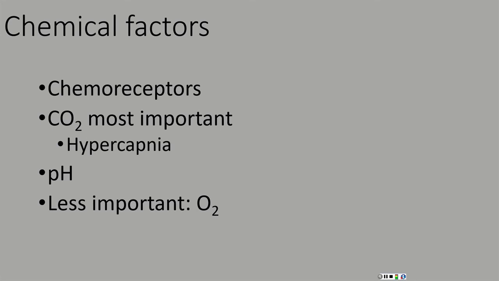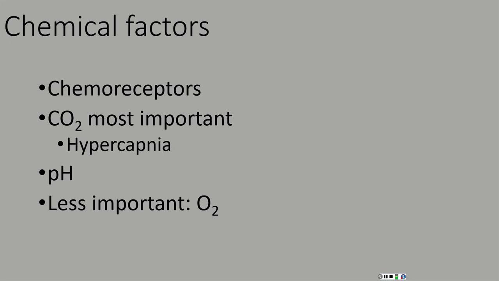So if we are trying to monitor those chemicals, the CO2, the pH, and yes, oxygen will play a role under certain circumstances, there must be a way that our body can detect the levels of the CO2 and the pH and the oxygen. And we've kind of already talked about them a little bit. We'll see in just a moment where that was.